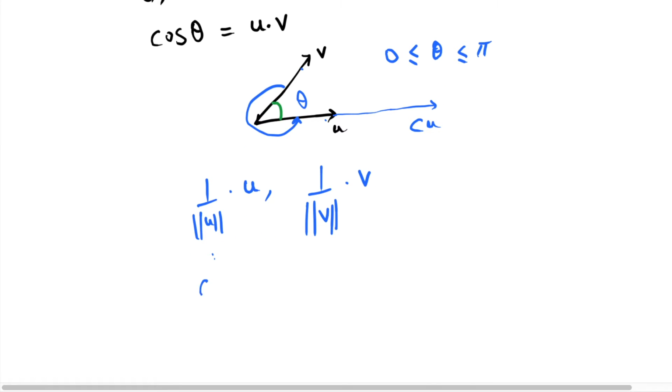So we know from our last lecture that cosine of theta can be represented by the dot product of these unit vectors.